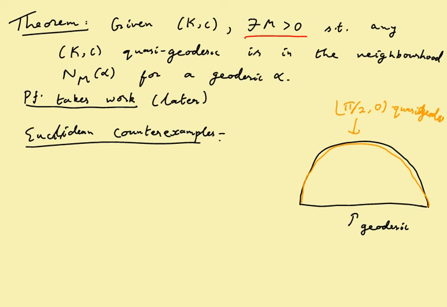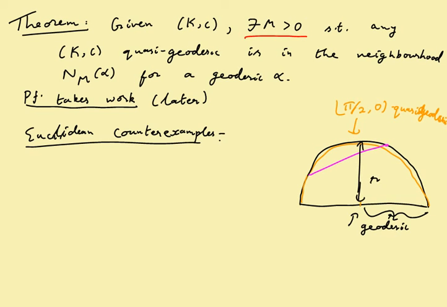This has become the diameter, so the length of the geodesic, and any chord here will be even better in terms of the ratio of distortion. Suppose this distance here is r, then the distance between this quasi-geodesic and this geodesic is also r.